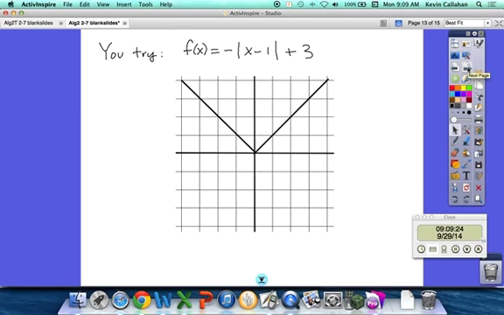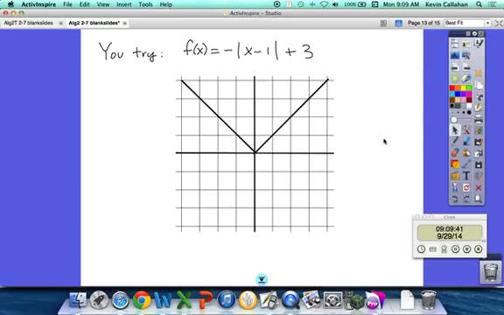Okay. Try that one. How many transformations do you see in that one? You see the -1 inside, the +3 after, but you also see a minus in front. All three of those are going to change that graph, right?